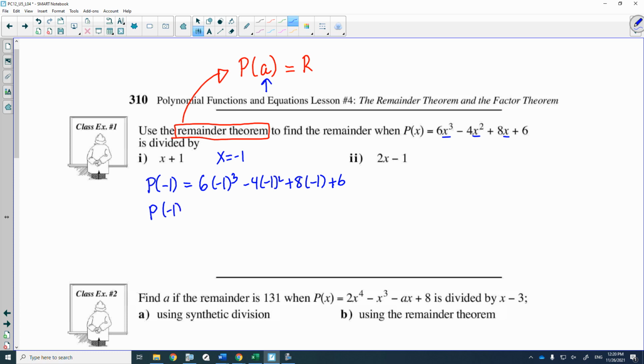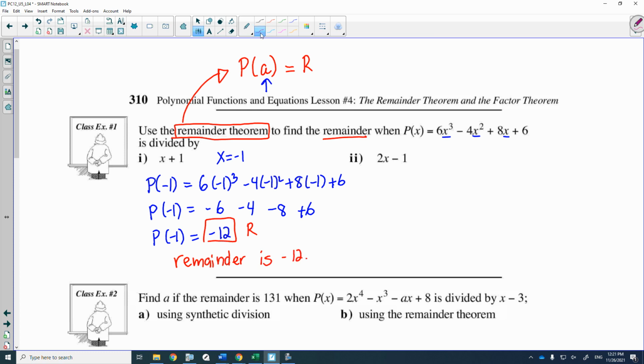P of -1 would equal -6 minus 4 minus 8 plus 6. P of -1 is equal to, if you calculate that, the answer would be -12. This answer is the remainder. So the question was saying use the remainder theorem to find the remainder. So the remainder is -12.